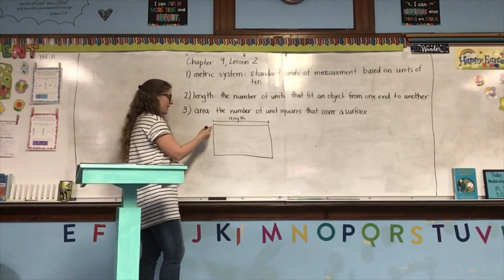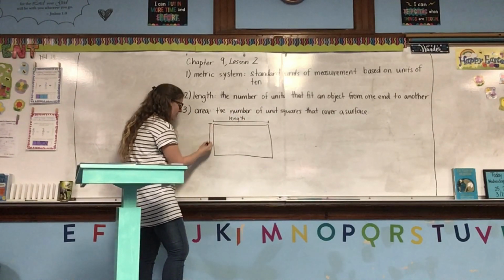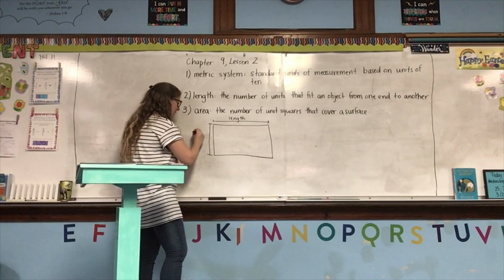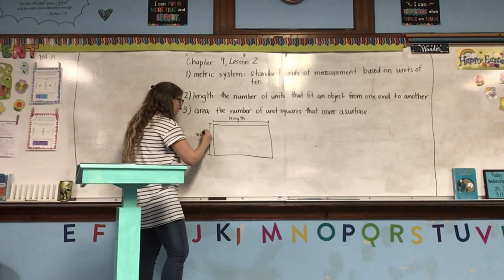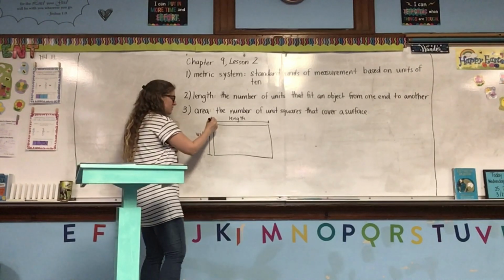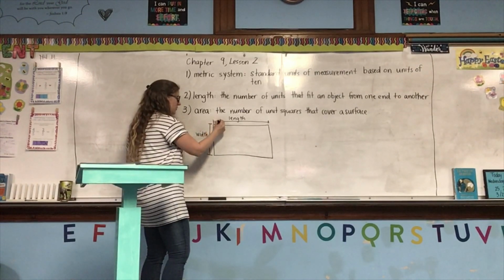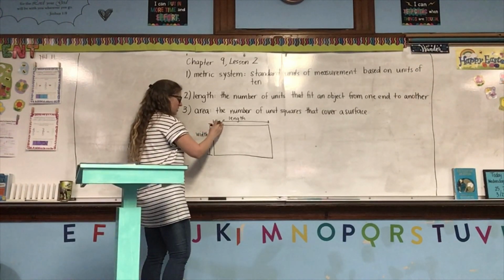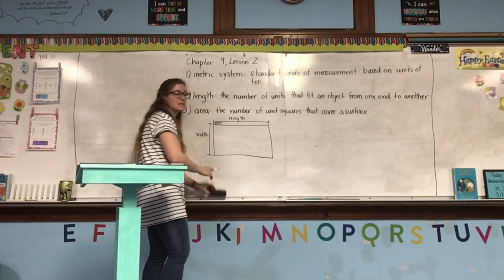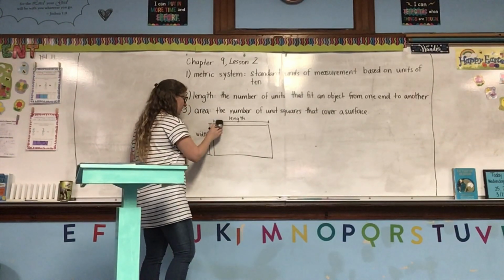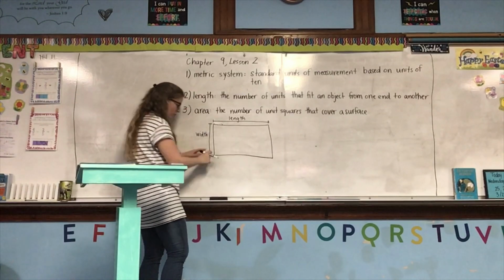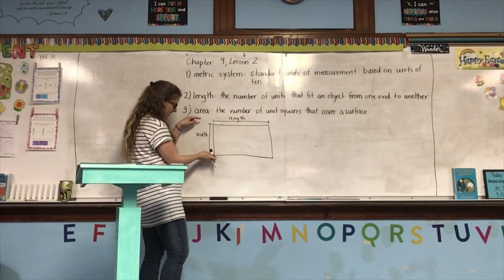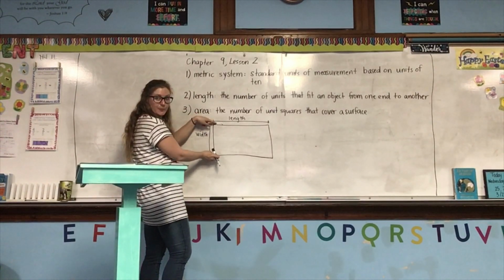You can do that right under area. The width would be how long it is across. So this is where we would just have 1 unit, 2 units, 3 units, 4, and we would measure how many units it takes us to get from one end to the other. The same with width. We would just figure out how many units fit between here and here.